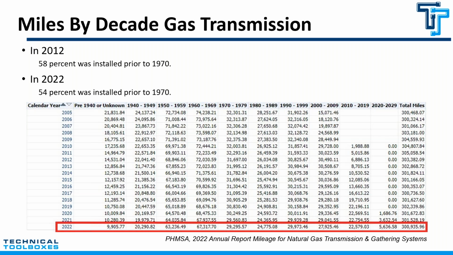For a simple context, in 2012, 58% of the total gas transmission lines were installed prior to 1970. Yes, there were repairs and replacement happening, but in 2022, still 54% are installed prior to 1970.